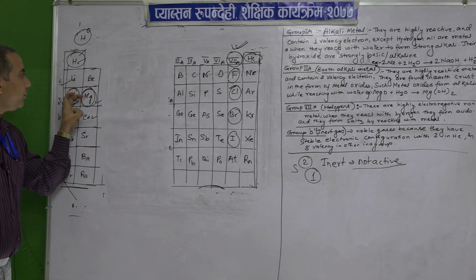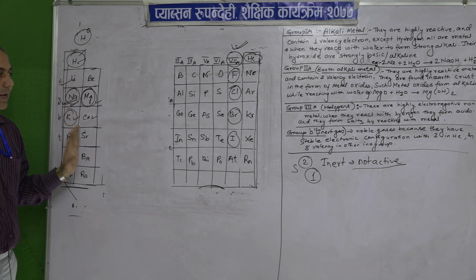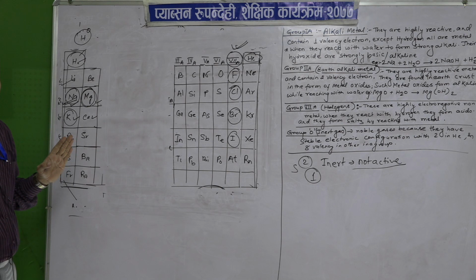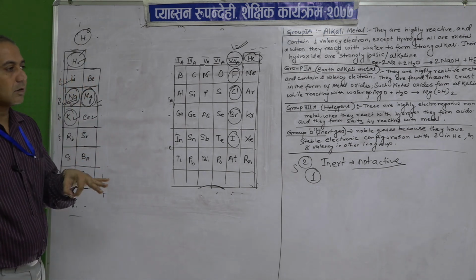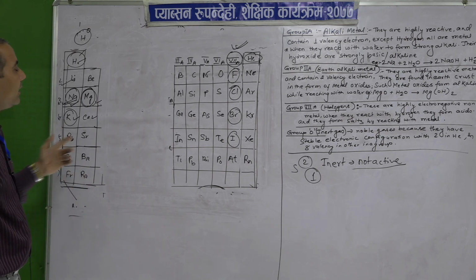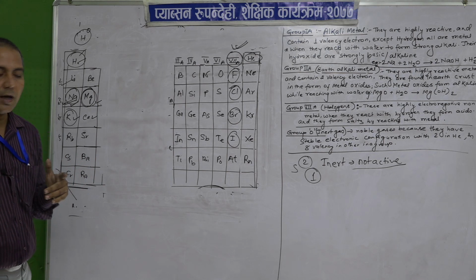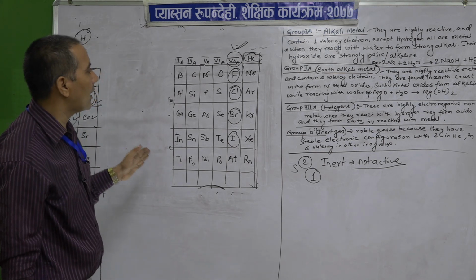Then group 2A is called the alkaline earth metals. Why? Because they are found in the earth's crust in the form of metallic oxides, and when they react with water they form alkalines.